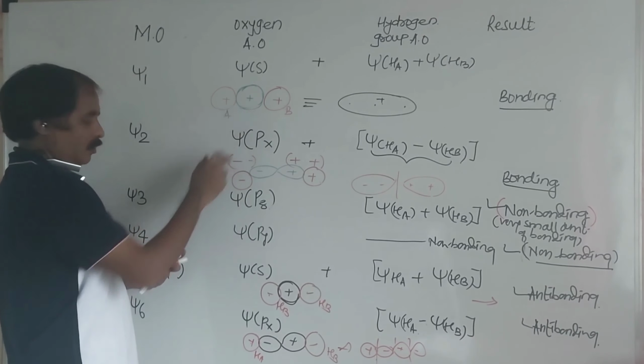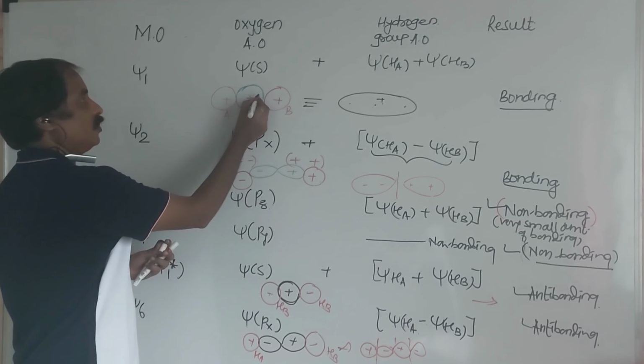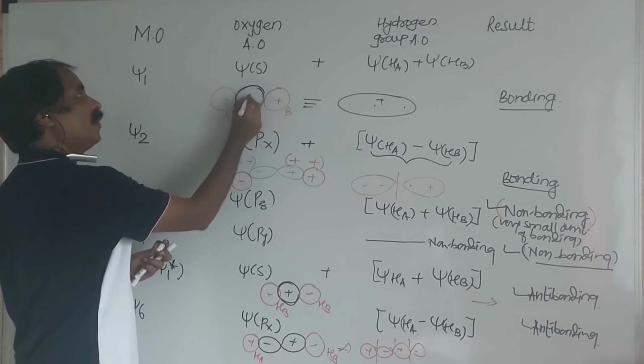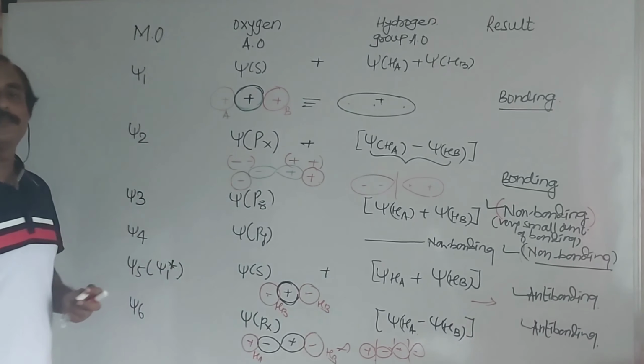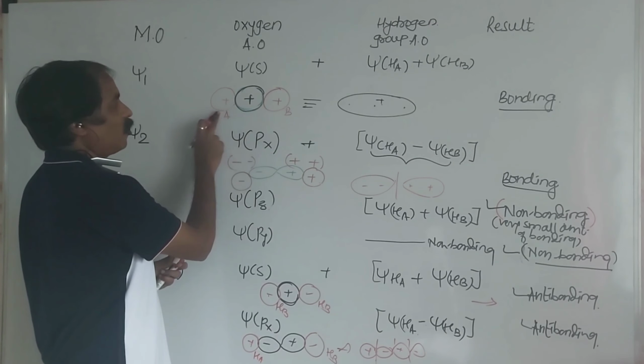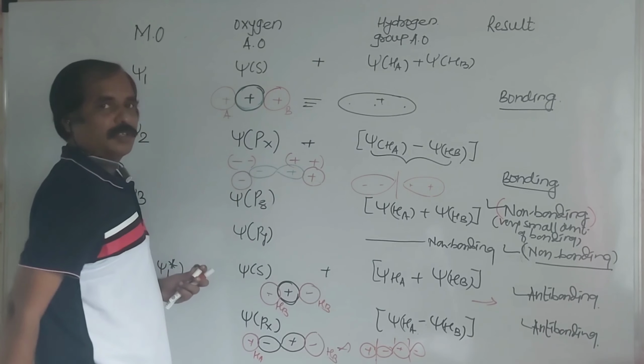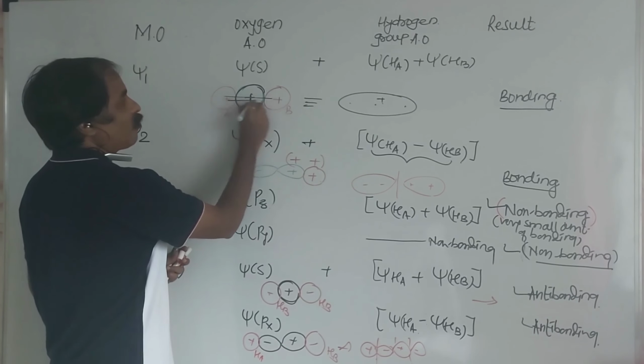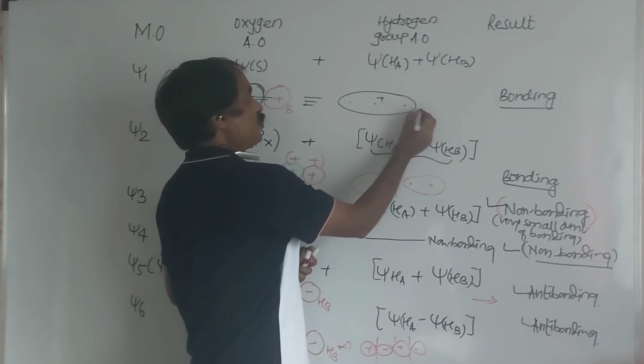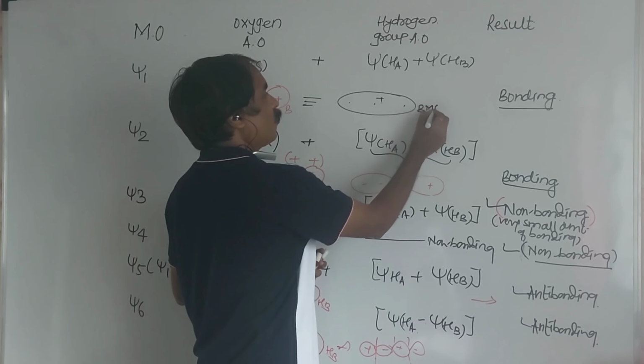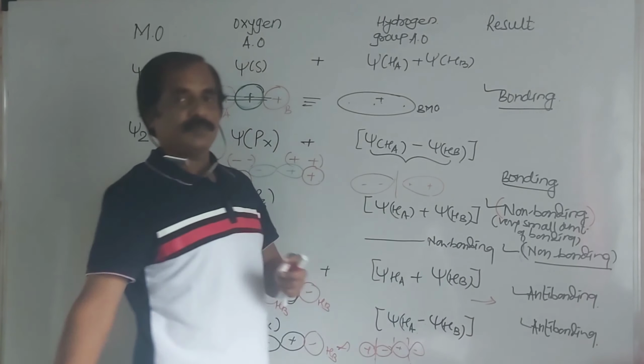Here is the diagram. This is the s atomic orbital of oxygen, and these two are s atomic orbitals of two hydrogen atoms. Sign is the same, and there is a formation of bonding molecular orbital. This is the BMO, bonding molecular orbital. So the result is bonding.